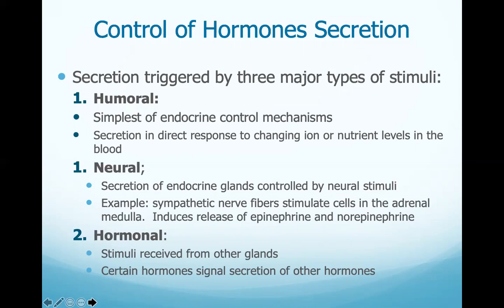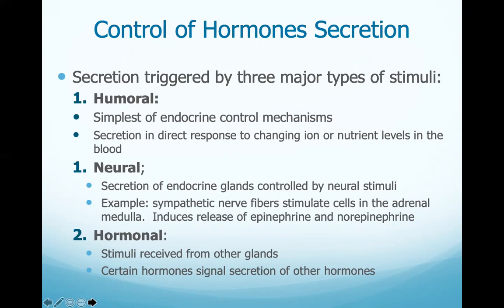Neural, as the name implies, means involvement of your nervous system. Release of these hormones depends on signaling or stimulation directly from the nervous system through a nerve impulse. The best example of that would be the way your nervous system controls the adrenal medulla to release the two main hormones, epinephrine and norepinephrine, in the case of a sympathetic response, also known as the fight or flight response.